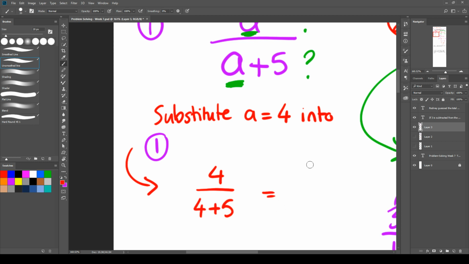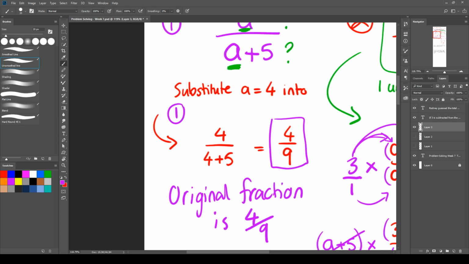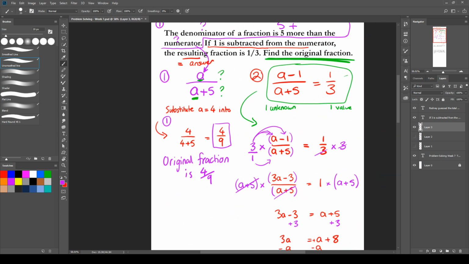So that just gives me 4 over 9. So now I have finally solved the answer. So the original fraction is 4/9. Done. So that's the first question.